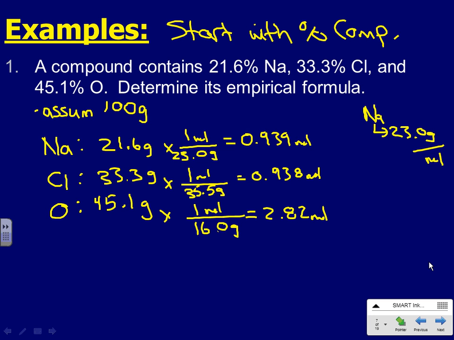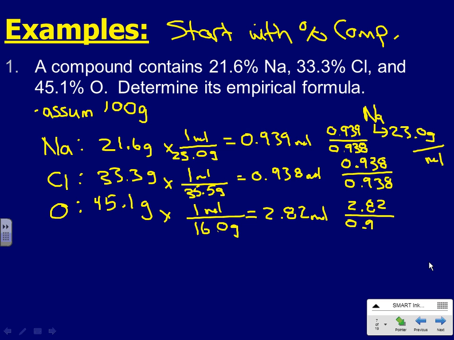So on your calculation, here's the next calculation to do. Once you get these numbers, divide each of them by the lowest number. One, 1, 3.